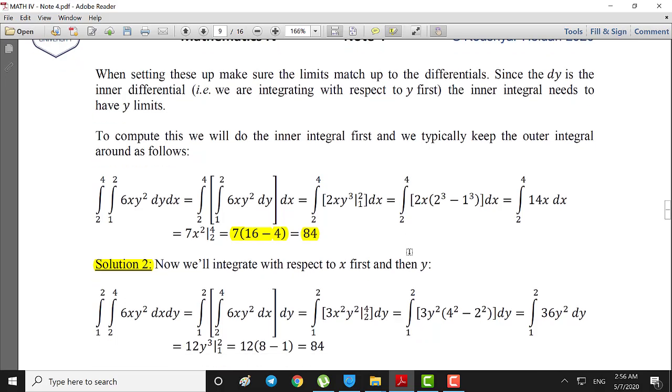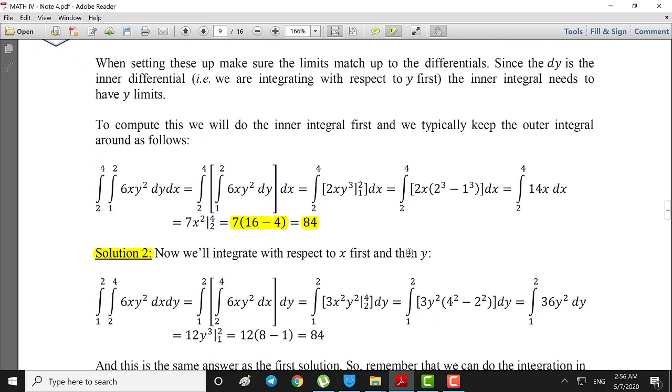Very well. Now, in the second solution, what are we going to do? We're going to first calculate the integral with respect to x. So, in the second solution, our inner integration is going to be the integration with respect to x.